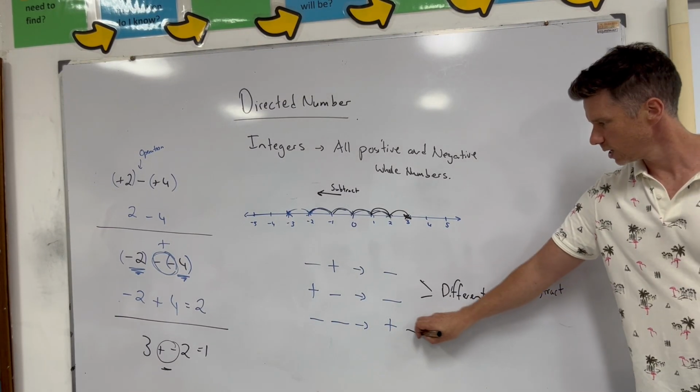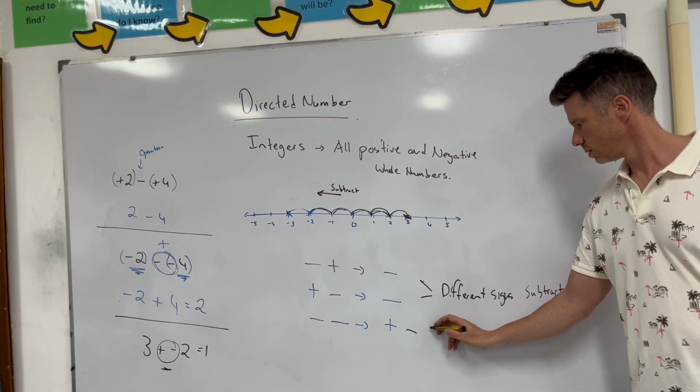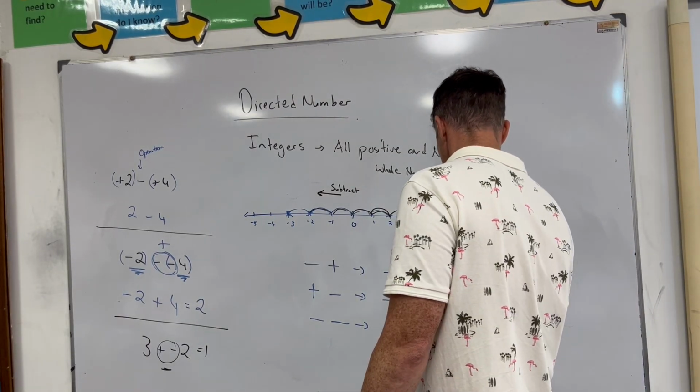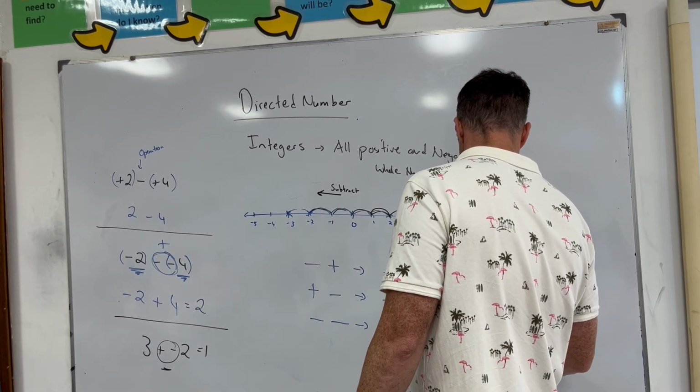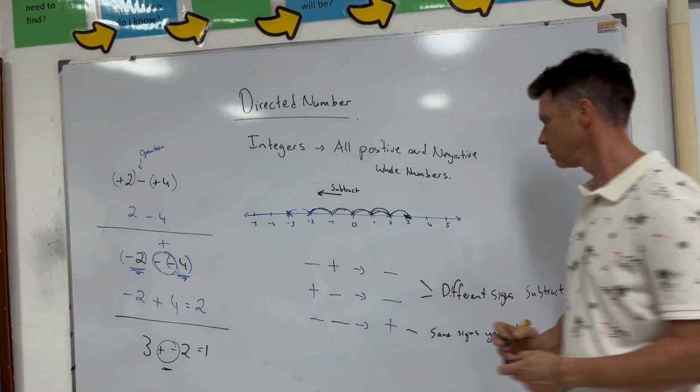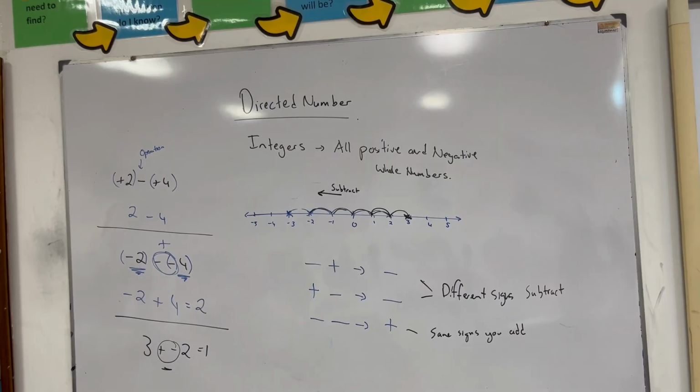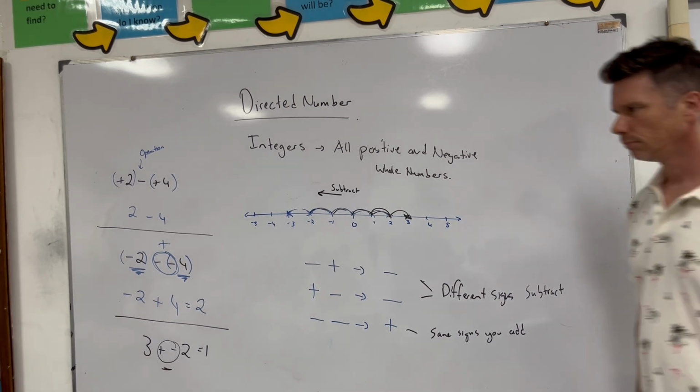If the signs are the same, you add. So different signs, so if I get a plus and a minus in a row, only if they're in a row, I subtract. Okay. Make sure you have that down.